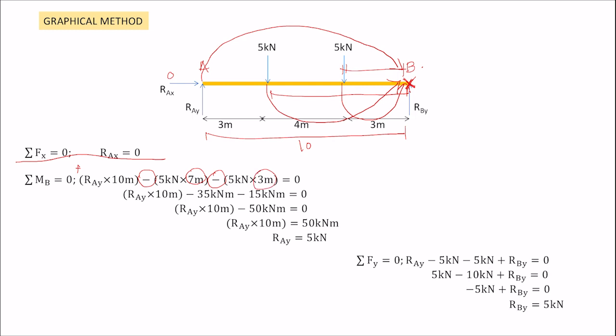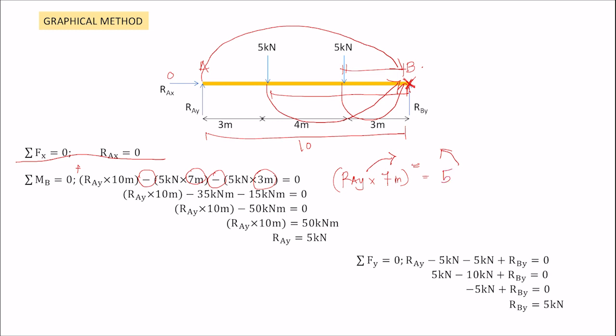Yang usually I buat like in our previous example, what I always do in the principles of moment, if you still remember, clockwise equal to counterclockwise. Actually, you will get the same answer here. RAY, which is the clockwise dulu yang kita kira, times 10 meter, right? And what else do you have?